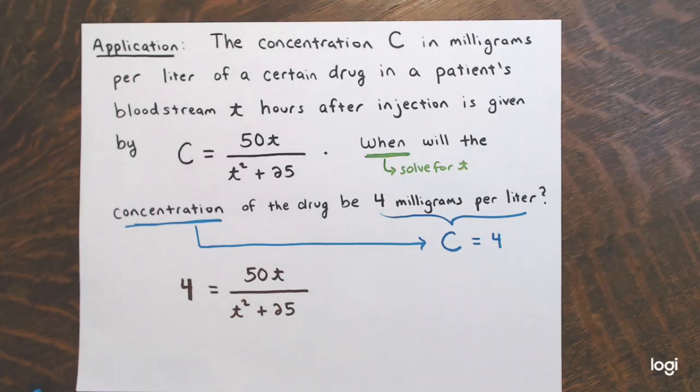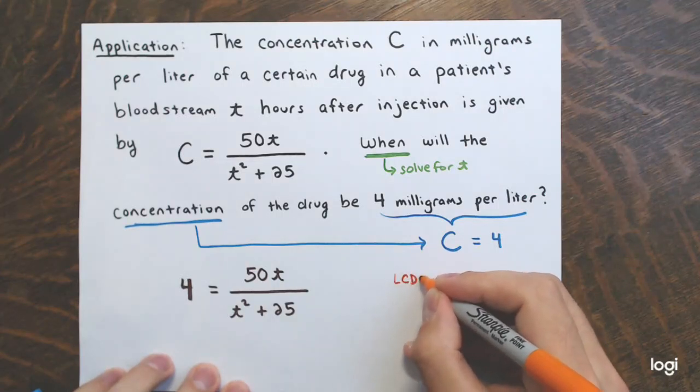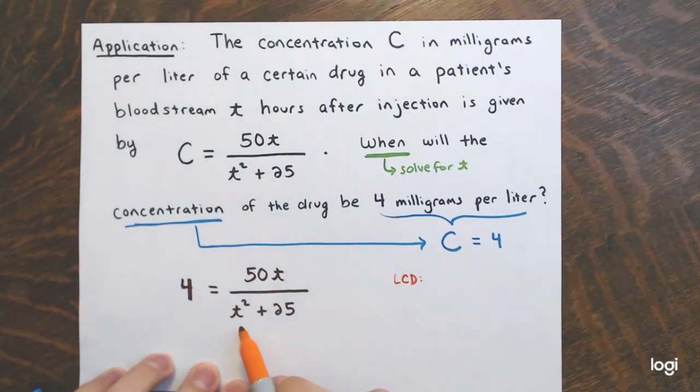Okay, so it's an equation with fractions, so looking for the LCD. Now, t squared plus 25 is the only denominator, and it's a sum of squares. You can't factor a sum of squares over the integers.